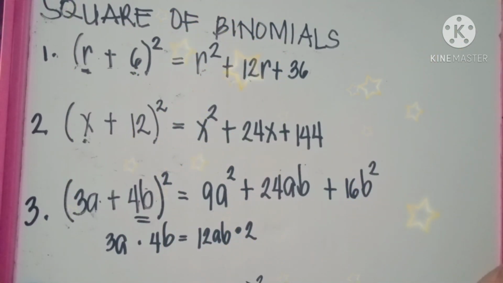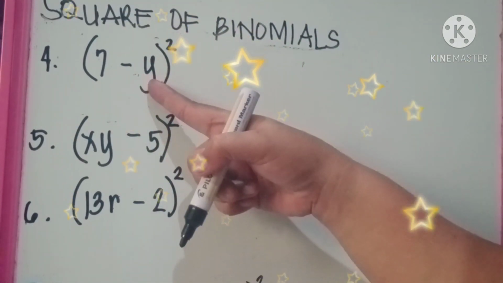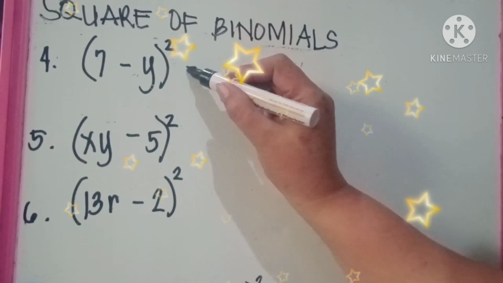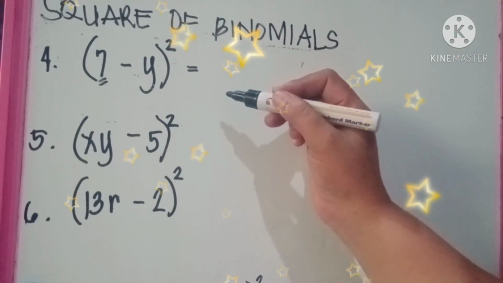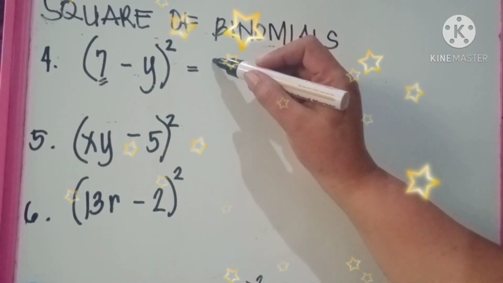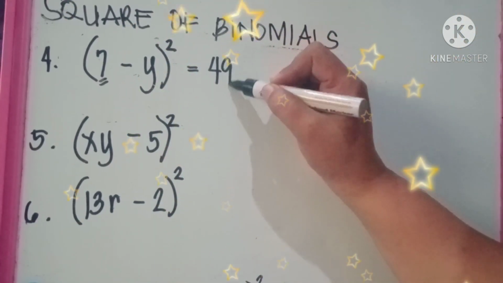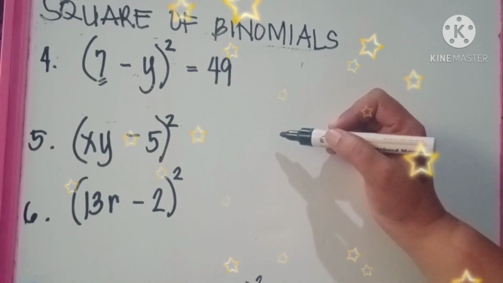Okay, next example. Number 4 is the square of 7 minus y. So, dito naman, the same pa rin, no? Multiply the first term of the binomial by itself. So, we have square of 7 is 49. Then, multiply the terms of the binomial.